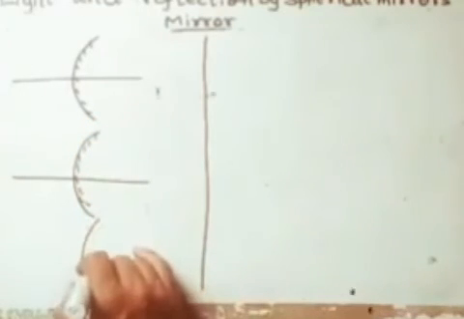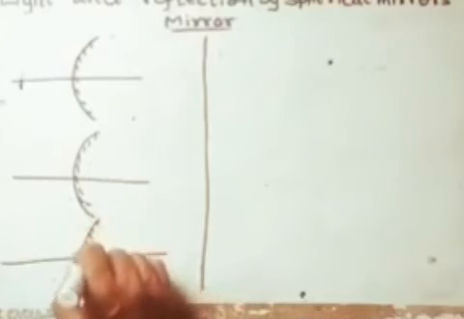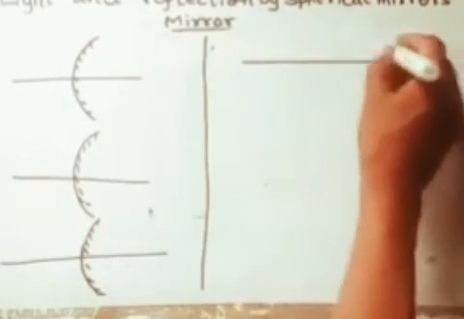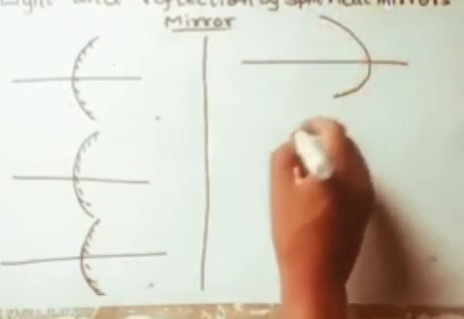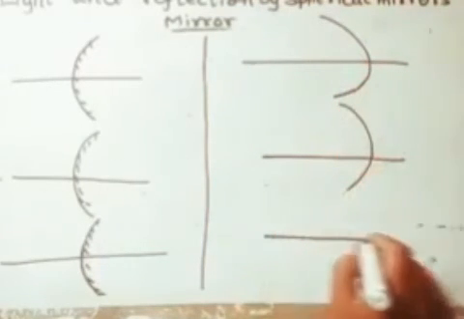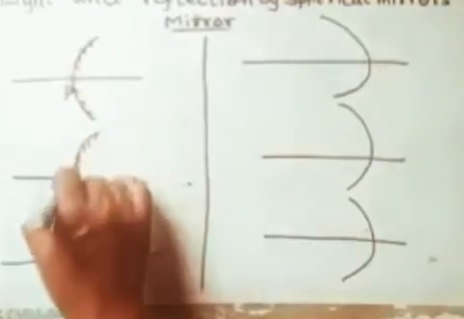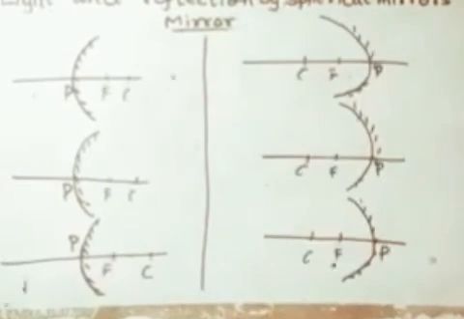Here I am drawing 3 convex mirrors, and on the other side I am drawing 3 concave mirrors. Okay, I will first finish this. Alright, so all the initials I have done.